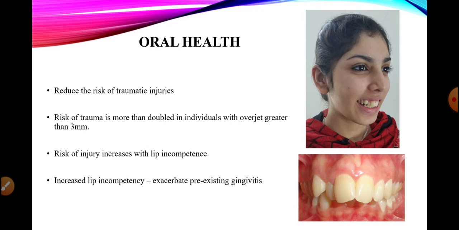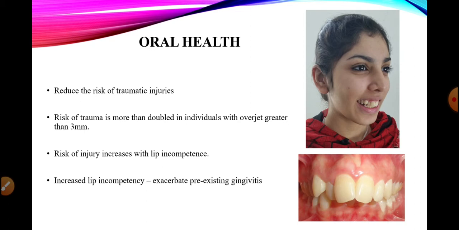So what is basically jumbling up is an increase in the vertical pattern, lip incompetency, increase in overjet, and proclined and prominent upper incisors. So they are definitely prone and at risk towards traumatic injury, and that should be reduced.